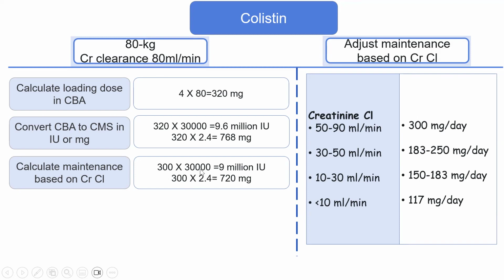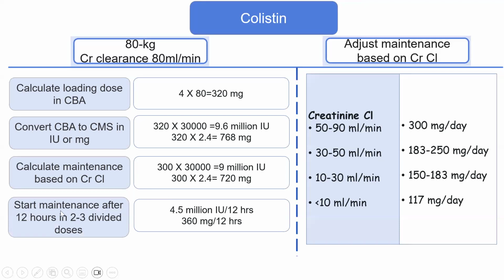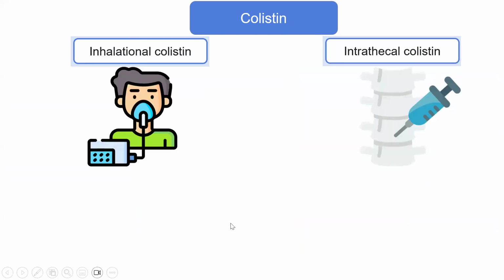So 300 multiplied by 30,000 gives 9 million international units for the maintenance dose, or 720 milligrams. We start the maintenance dose after 12 hours, in 2 to 3 doses: either 4.5 million international units every 12 hours, or 3 million every 8 hours. Or if we have the dose in milligrams, 360 milligrams every 12 hours.